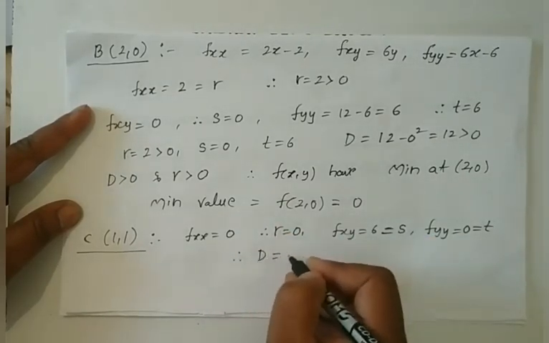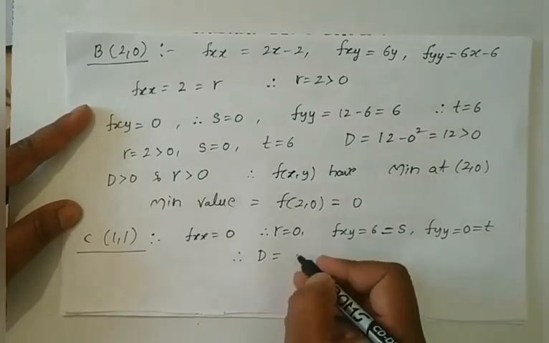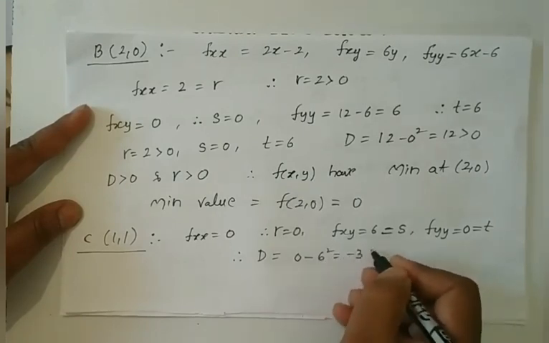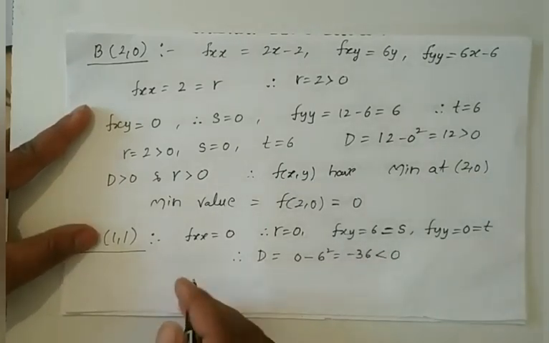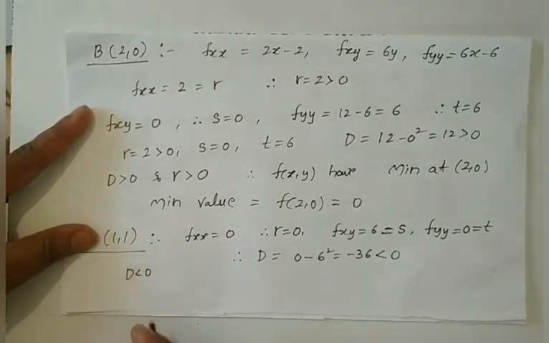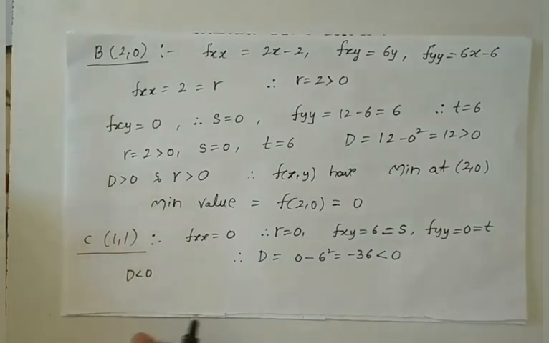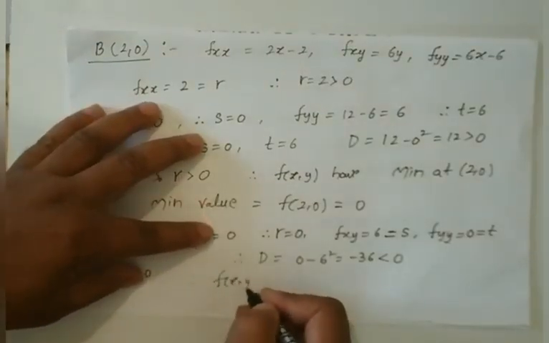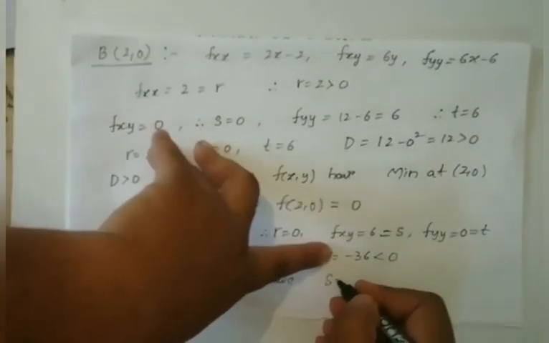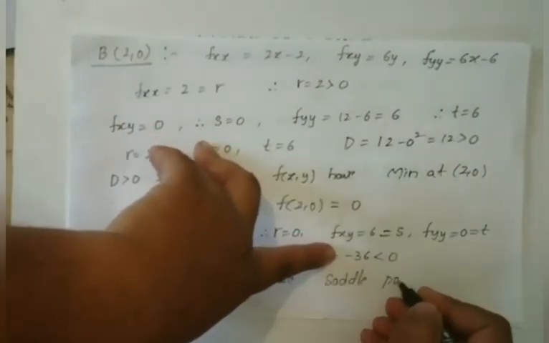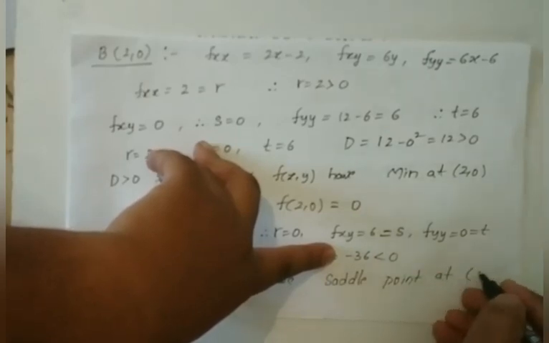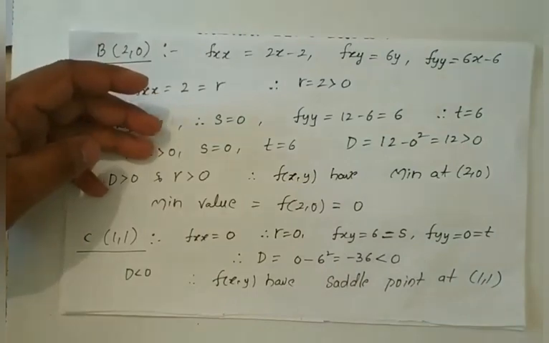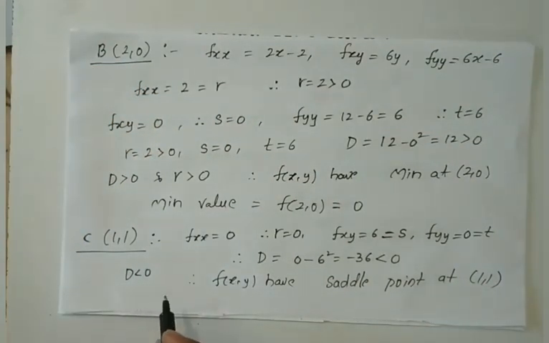What is D? rt minus s square is 0 minus 6 square, which is minus 36, less than 0. Already we know that if D is less than 0, then the function has a saddle point. Therefore, f of x, y has a saddle point at 1 comma 1, because D is less than 0.